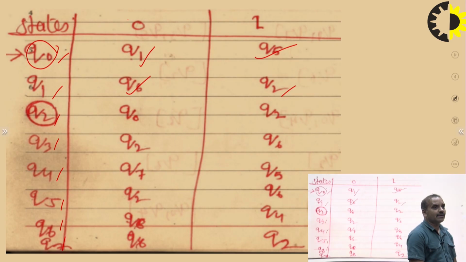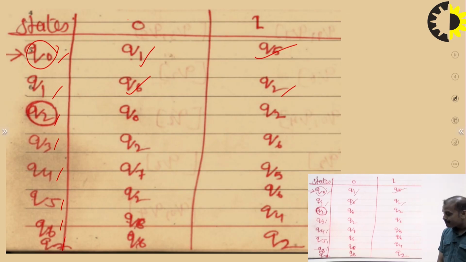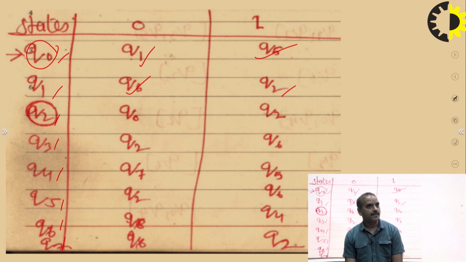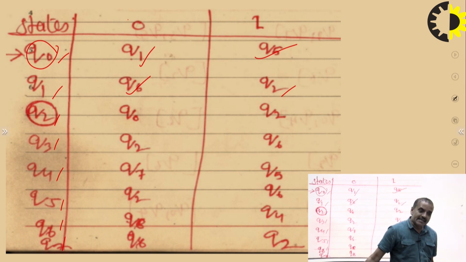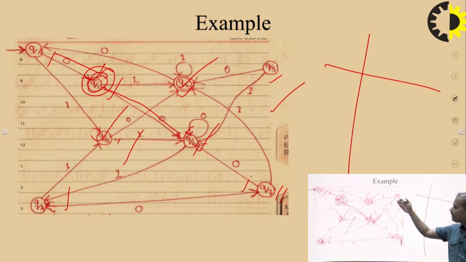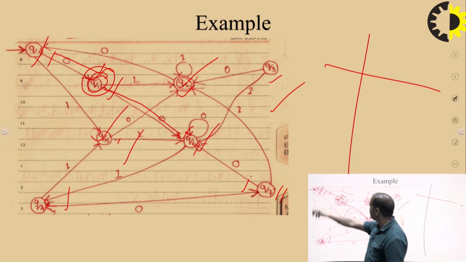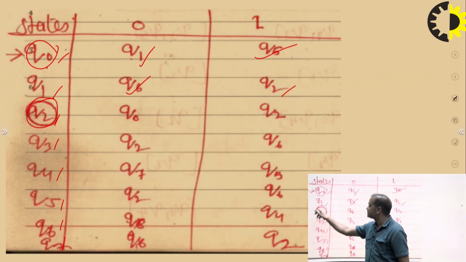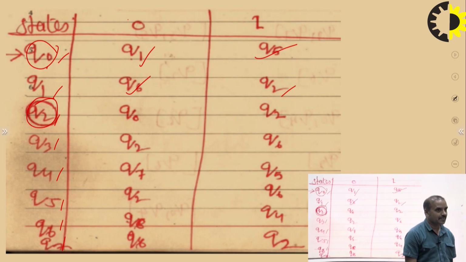After drawing the table, it is time to separate the final and non-final states. In the given diagram, the final and non-final states are mentioned. Q0 is the initial state, marked with an entering arrow, and Q2 is the final state, marked with a double circle.